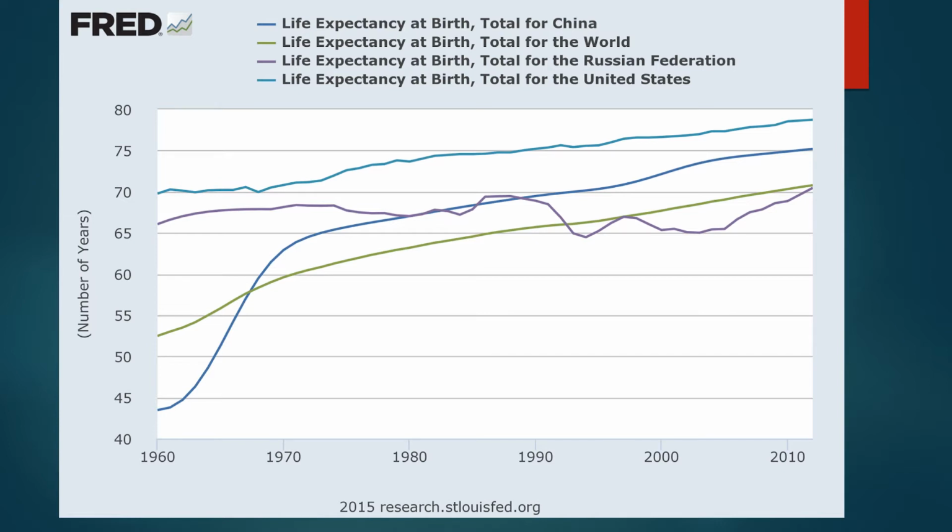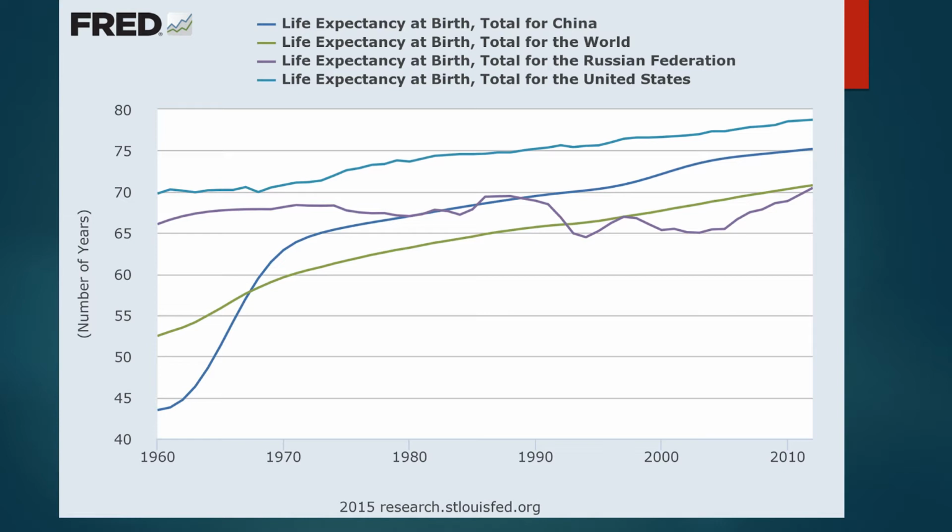In 1960, for example, the average American was expected to live to be about 70. In China, the life expectancy was just a little bit over 40. Now we see that the life expectancy in China is about 75 and about 79 in the United States. So the Chinese have done an amazing job of prolonging their life expectancy.